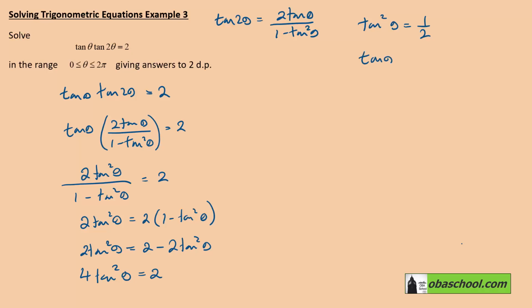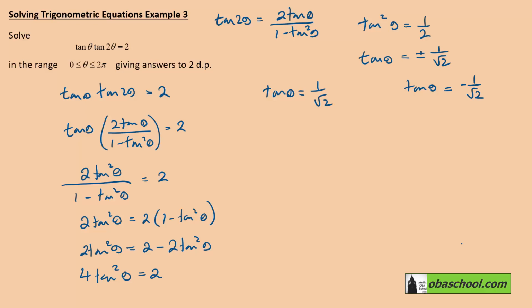And so tan theta is going to be plus or minus 1 over root 2. So we've got tan theta equals 1 over root 2, and tan theta is equal to negative 1 over root 2.